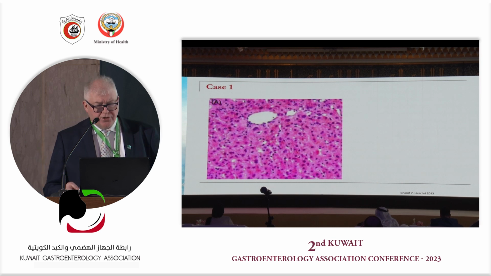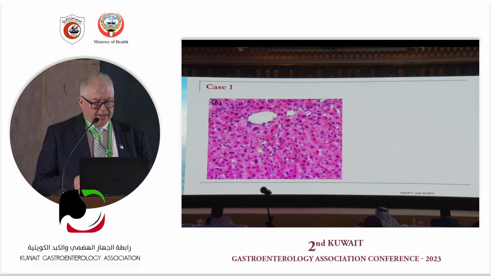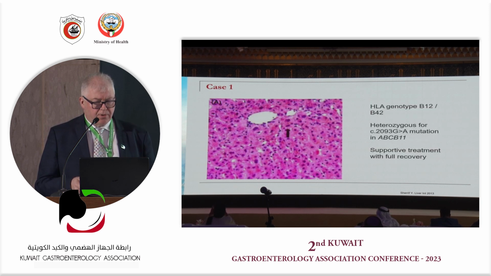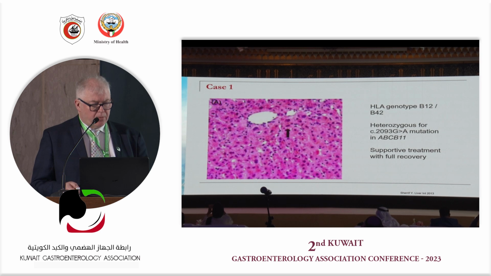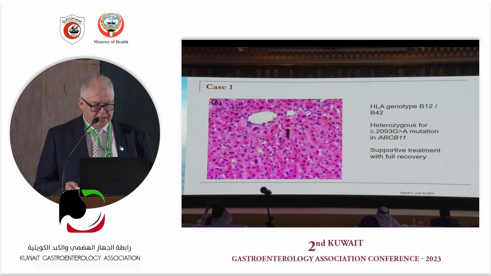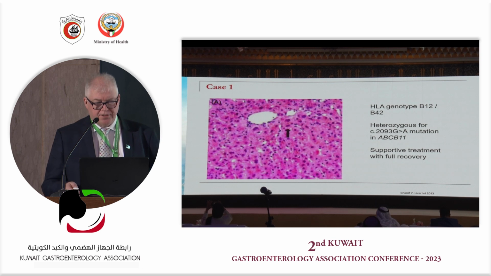But in our patient, what we actually see is a bland cholestasis rather than a hepatitis, and of course this makes it much more likely, particularly when the HLA genotypes are negative, that this is a drug-induced liver injury from the anabolic steroids that were found ultimately to be in this product.